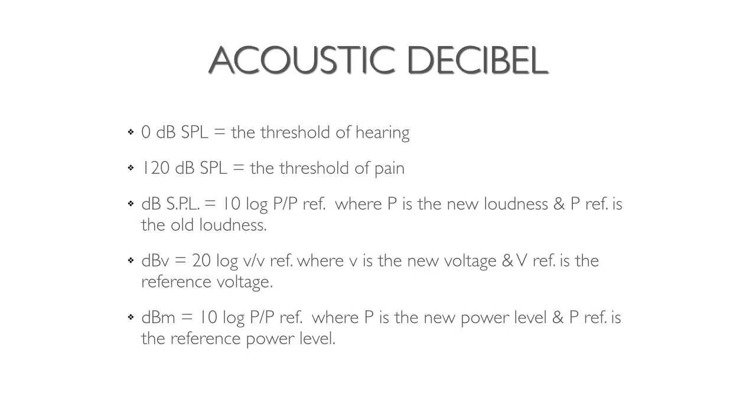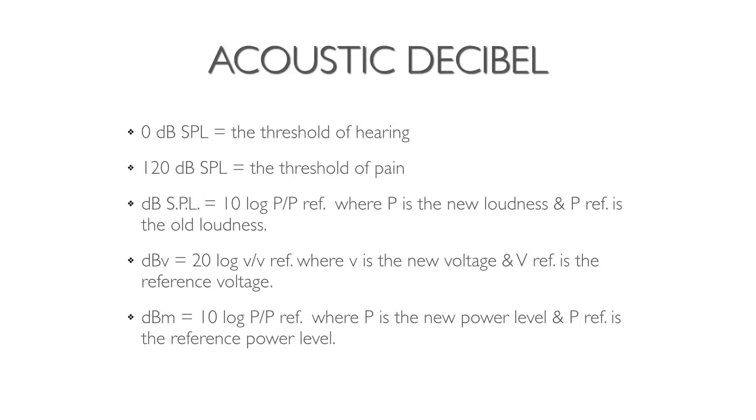You can also calculate the dB SPLs by knowing the change in intensity. So what that equation is, 10 log times P over P reference. What that refers to is the reference is where you were initially. So if you had one voice speaking, that would be 1. And let's say you had 2 voices speaking, and you want to know how much louder that is.